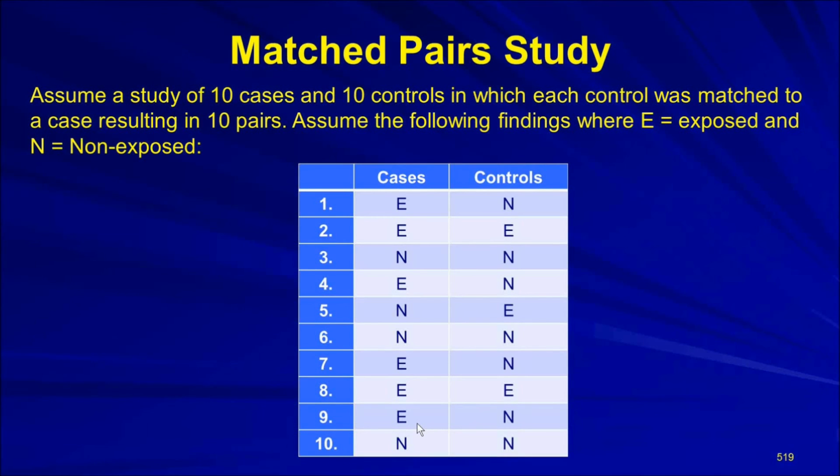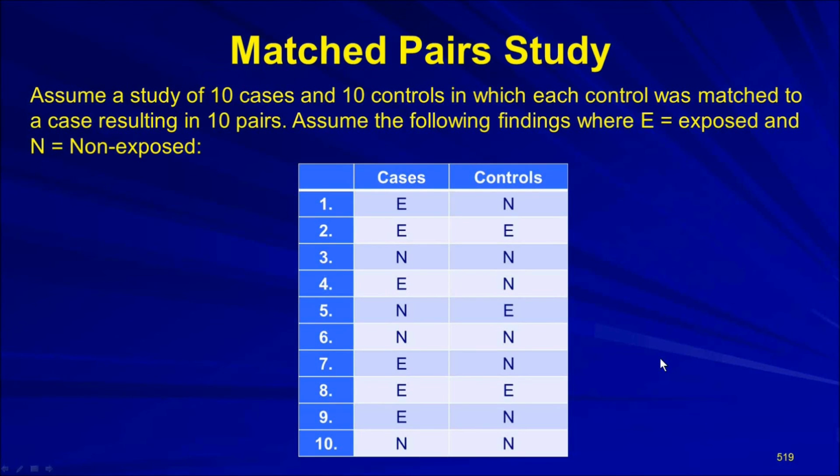Now, we've got one other discordant pair where the control does not agree with the case, and that's case number 5. So that is 1. Okay, so we only have one in which the control doesn't agree with the case, and we have 5 cases that don't agree with the controls.